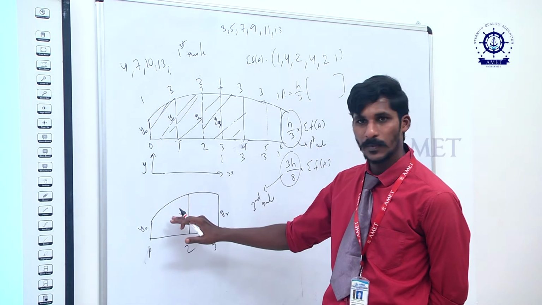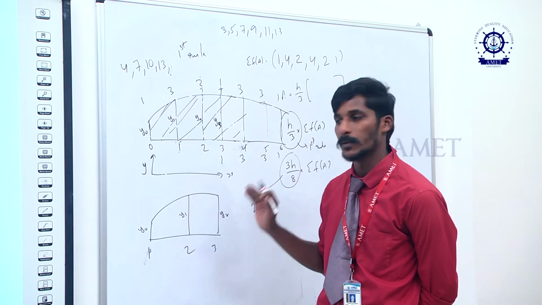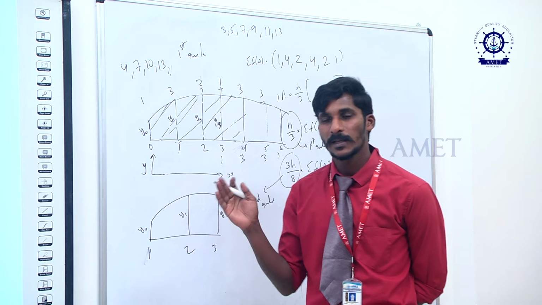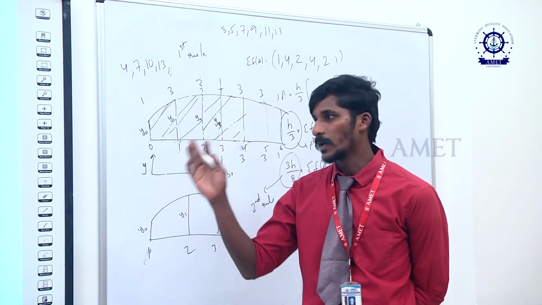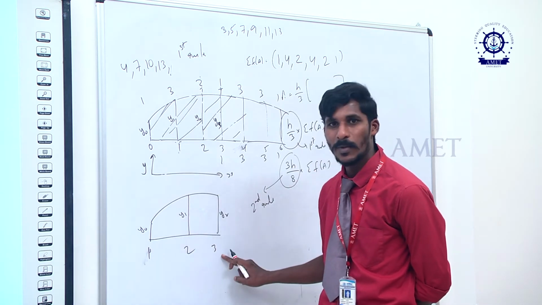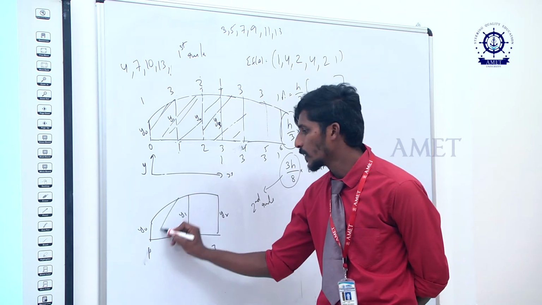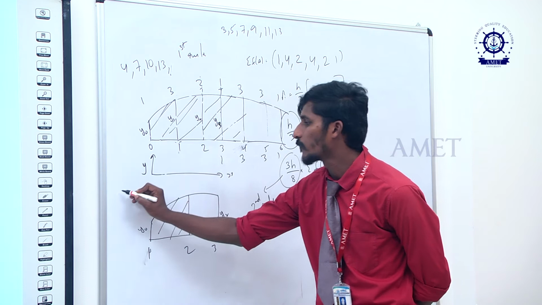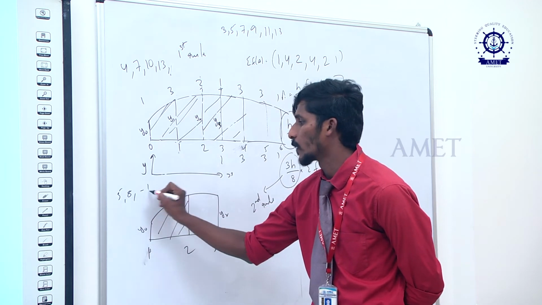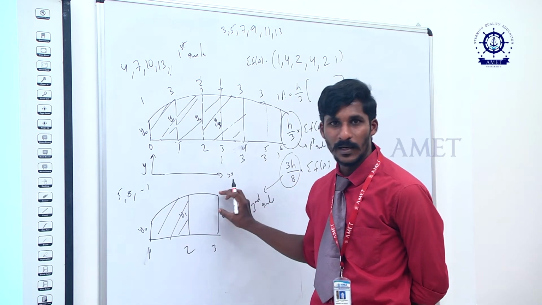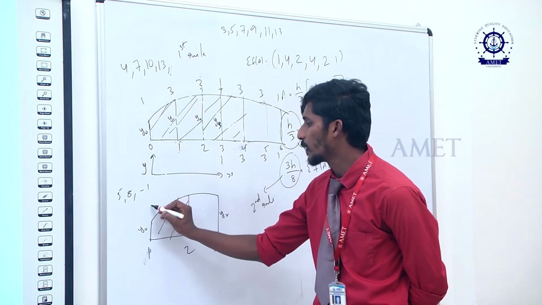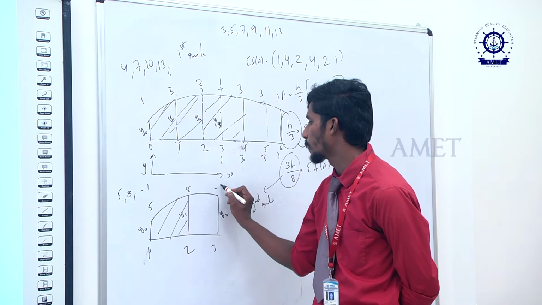So y0, y1, y2 are the 3 ordinates, but according to the third rule, using this rule you have 3 ordinates, but you are going to find the area between only 2 ordinates, you are not utilizing the third. So the rule has been given as 5, 8, minus 1. Whichever ordinate you are going to exclude from the curve should get minus 1, and the remaining ones will get 5, 8, minus 1.